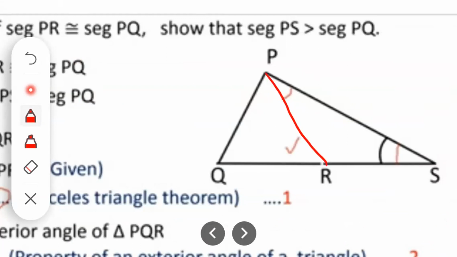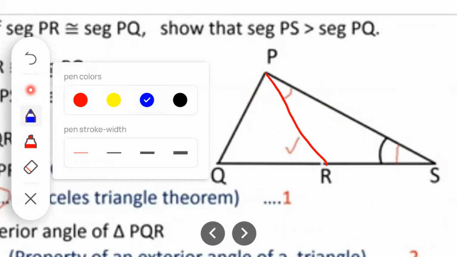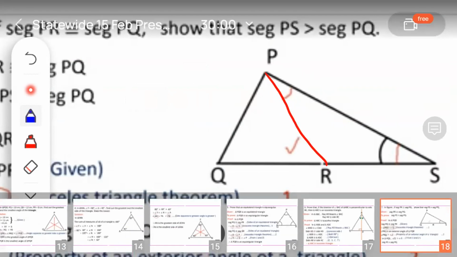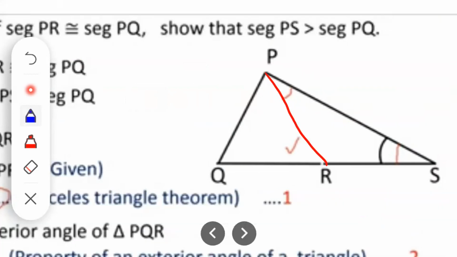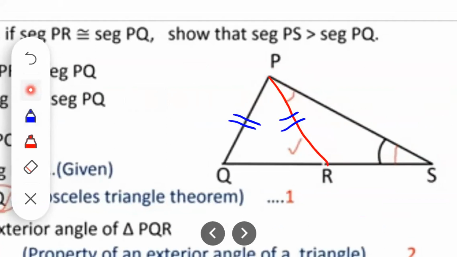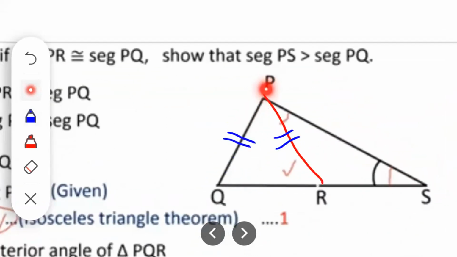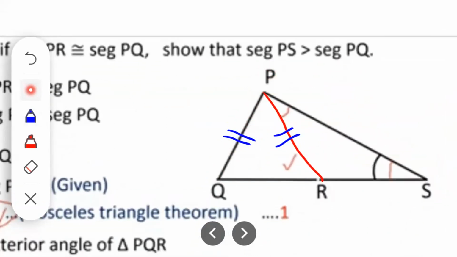Segment PR, and that is congruent to PQ. So PR and PQ are congruent. Right? Now show that PS is greater than PQ.